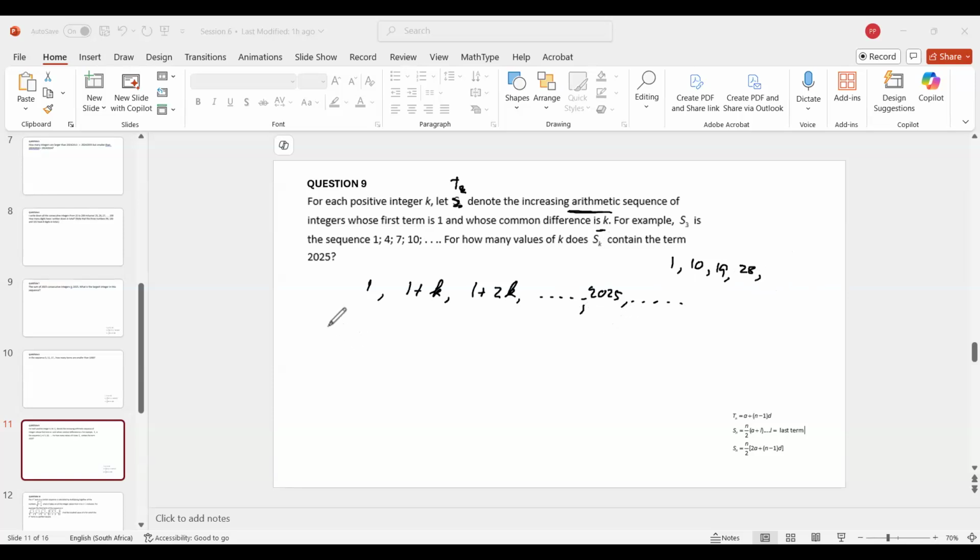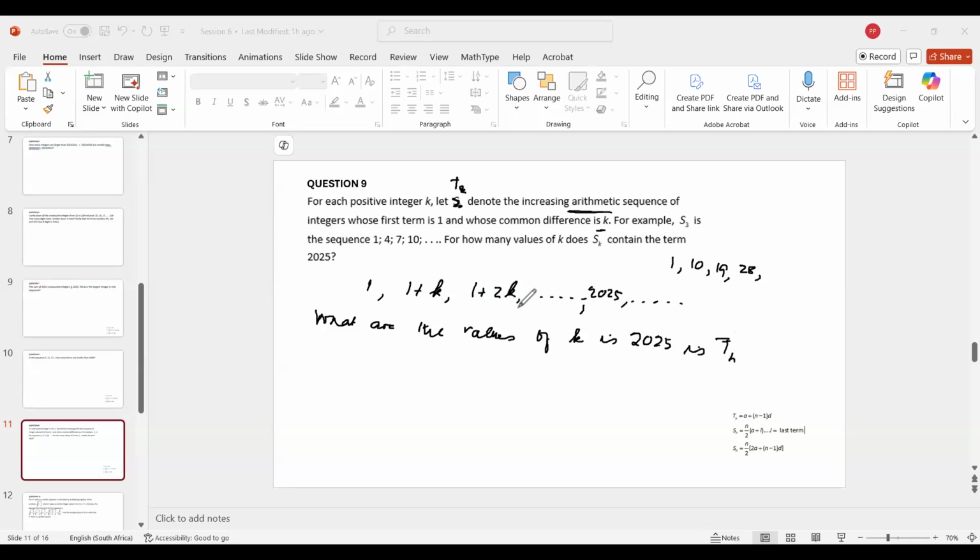So the actual question is, what are the values of k if 2025 is one of the terms in the sequence? So we're going to say it is Tn.